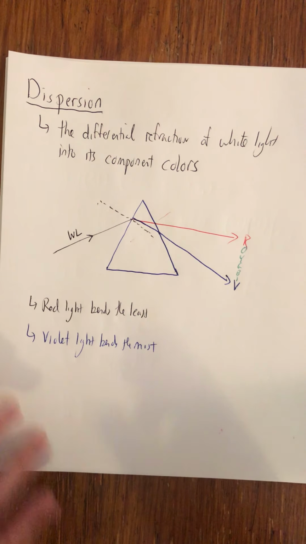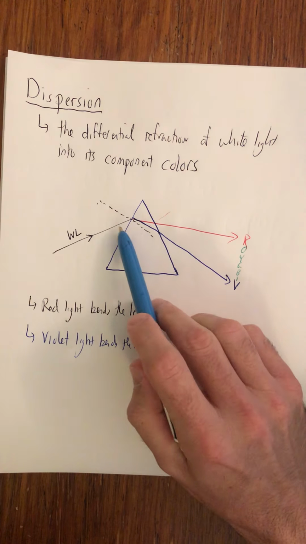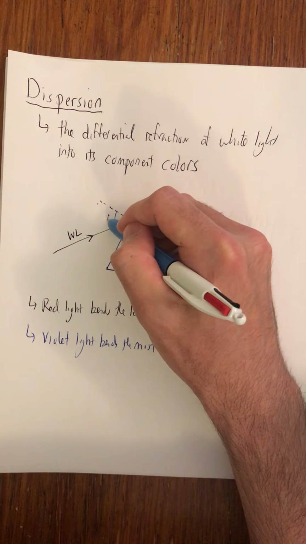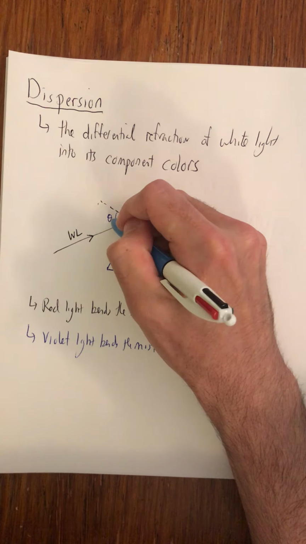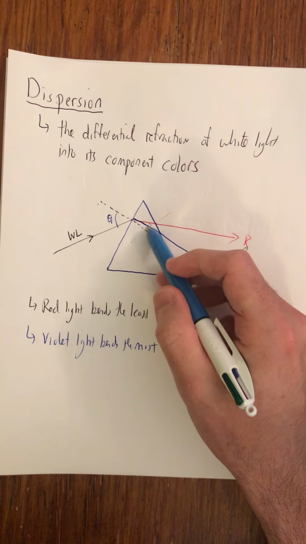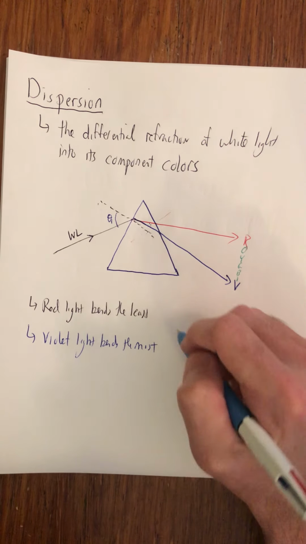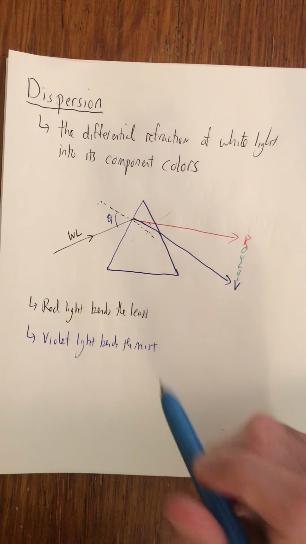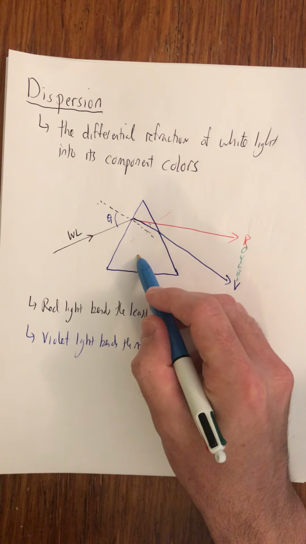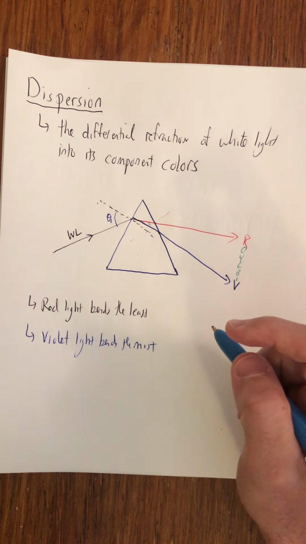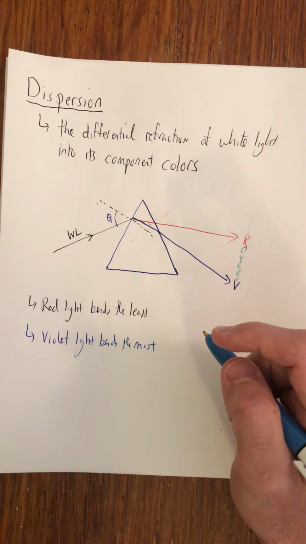What must that mean then? Well, notice here that these two things, red light and violet light, have the same incident angle, theta 1, but they have different theta 2s. That must mean the n for red is different than the n for violet for this material, that they refract by different amounts. So, which has a higher n, red light or violet light?